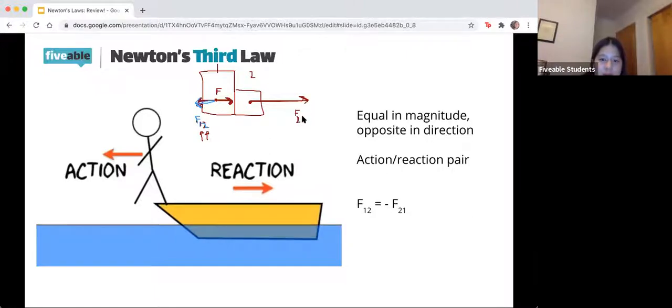By our rule, we know that F12 and F21 should be equal, so this arrow is way too long. Again, not drawn to scale by any means. There we go. So we know F12 and F21 are equal in magnitude due to our definition, and they're opposite in direction.